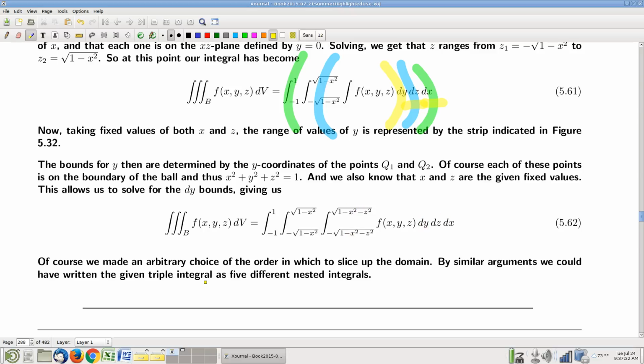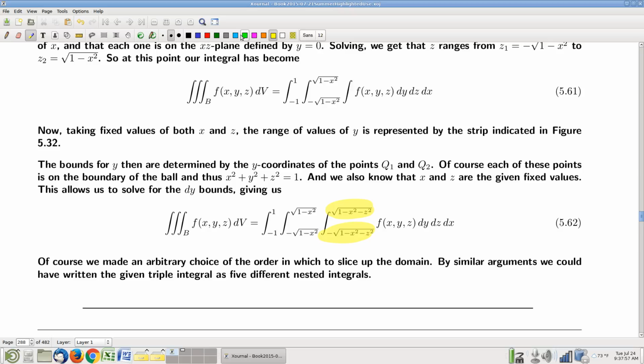Let's imagine the nightmare that it would be to compute this integral. We have to do an antiderivative with respect to y of whatever our integrand is. Fine, that might be harmless. I don't know what f is, but let's assume f is relatively harmless. That'd be fine, but then I'm going to plug in these two ugly expressions wherever y appears in that antiderivative.